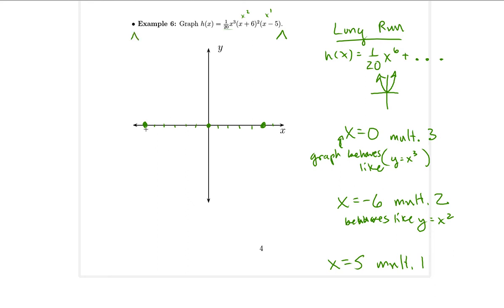So -6 is multiplicity 2, right? So as I come down here, I am not just going to cut through, I have to rebound back up because of the fact that it's multiplicity 2, right? It needs to look like y equals x squared there. Then I've got to get myself back down again to be able to cut through here.